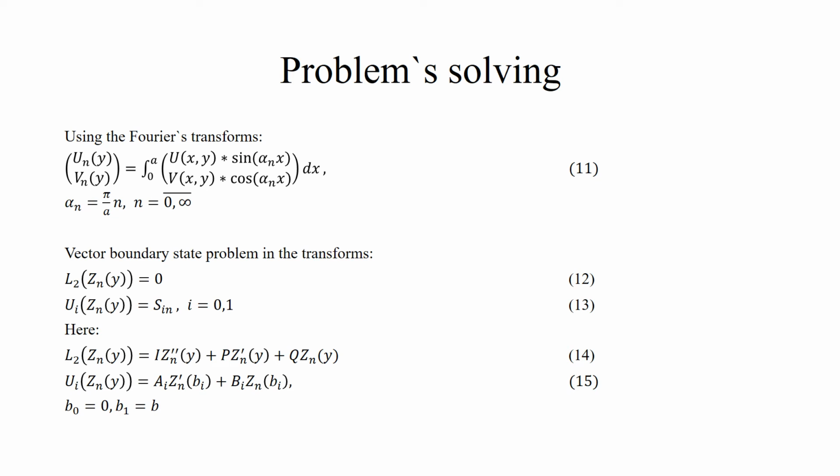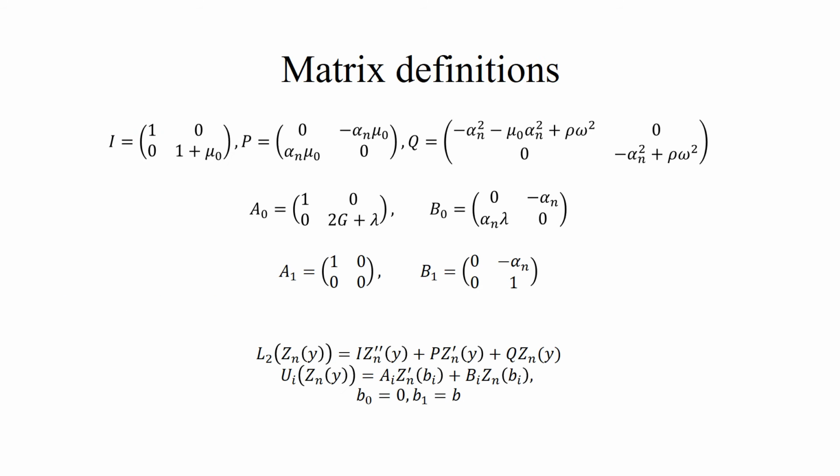You can see that I have applied two different Fourier transforms for the displacement functions, but with the same eigenvalue. As a result, we have a one-dimensional problem that I have derived in the matrix vector representation, presented in equations 12 to 15. Here are the detailed matrix definitions which are used in the matrix vector boundary problem.